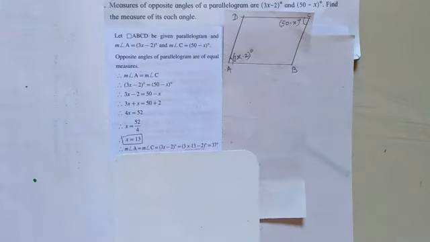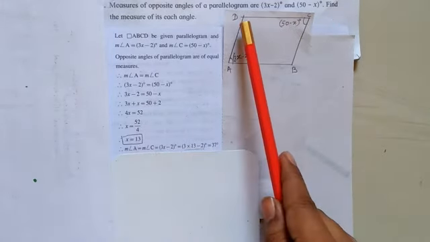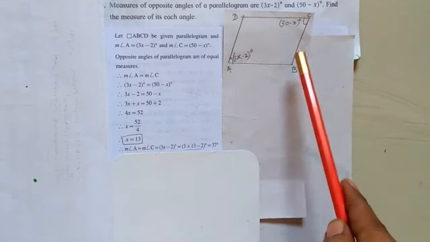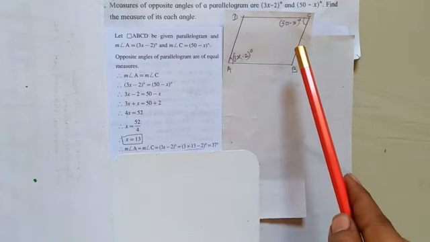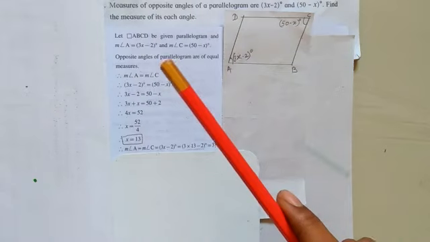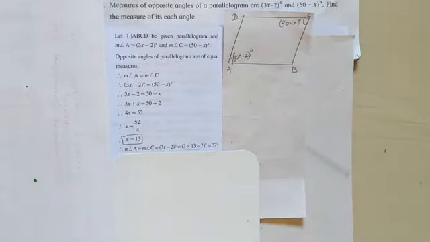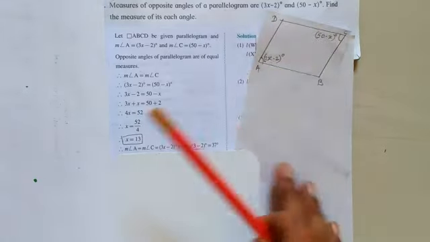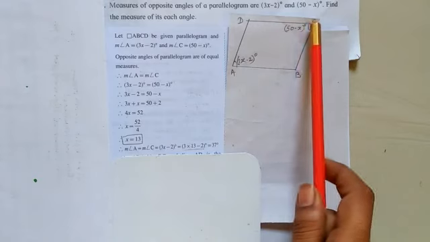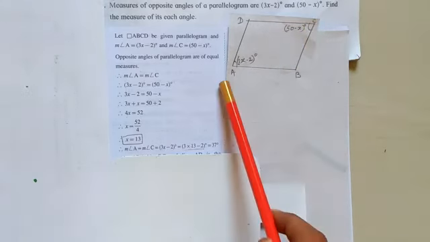Now let's see how to find out the measurement of angle D or angle B. Among that we can find out any one and we will get the other one, because opposite angles of a parallelogram also have the same measurement, or they are congruent. So how can we do that? AB is parallel to DC and AD is the transversal.